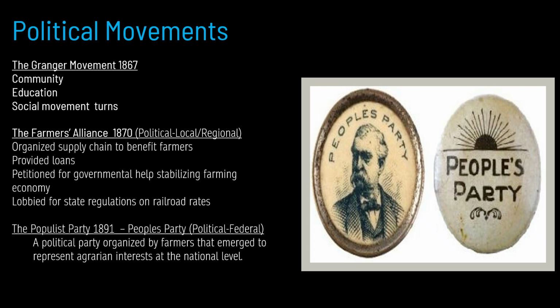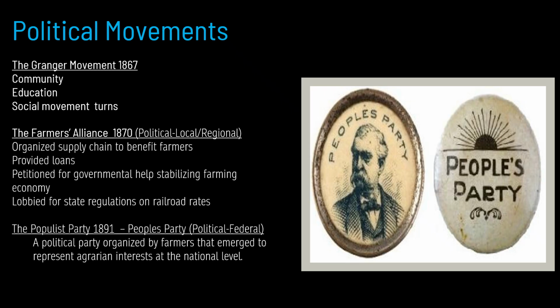So you have this group that started just to share ideas and to help each other out, to make this work, improve their land, and create a life. It moves into this political organization called the Farmers Alliance. That's local and regional, and they start fighting.